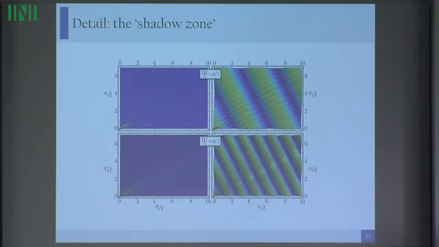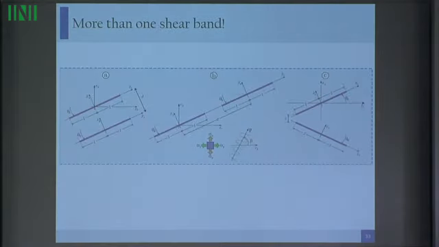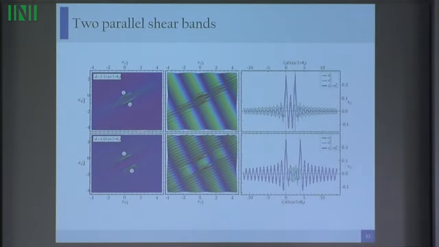This is a detail. Another thing that we can do is to analyze the interactions between shear bands. We can take two parallel, two aligned, and two convergent. And again, we consider a wave propagating in this material. So this is the situation with two parallel shear bands, and we play with the distance here.